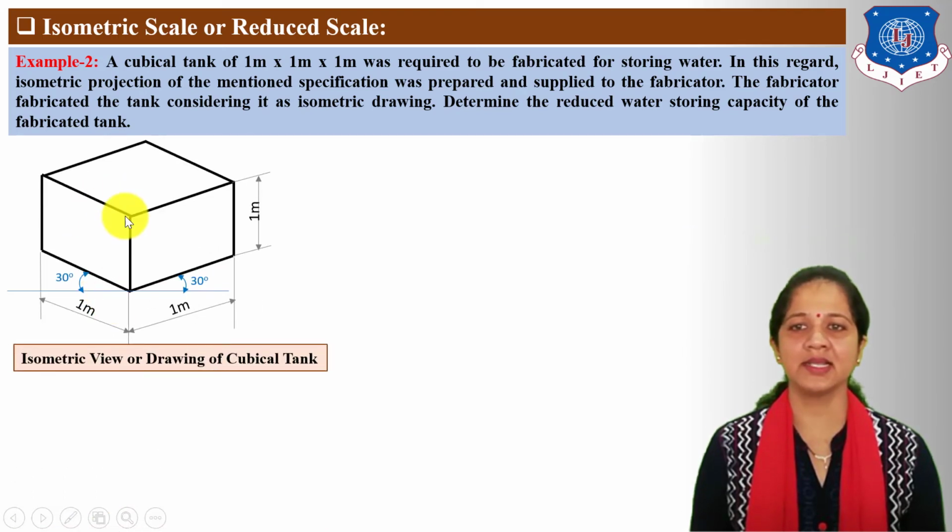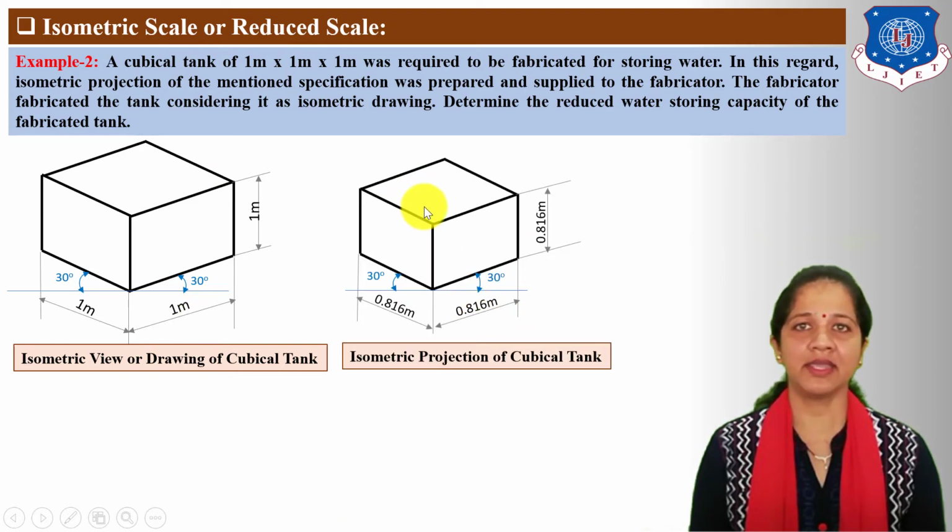Here you can see rough drawing of isometric view or drawing of cubical tank. Here length, width and height is as per given data 1 meter. Next, here you can see isometric projection of cubical tank.